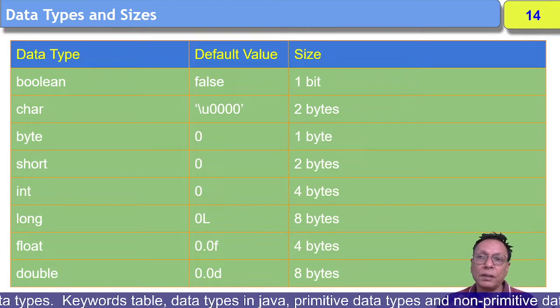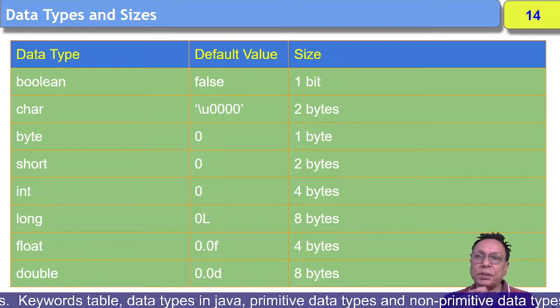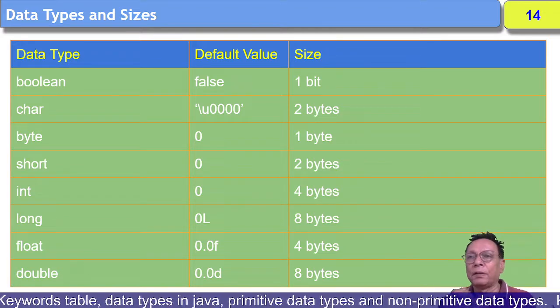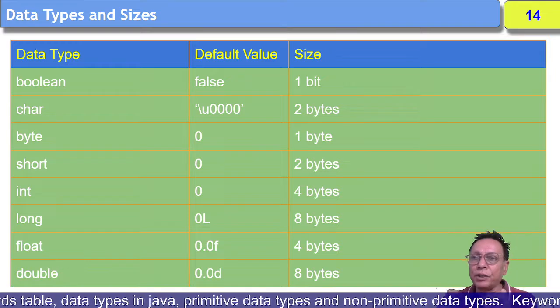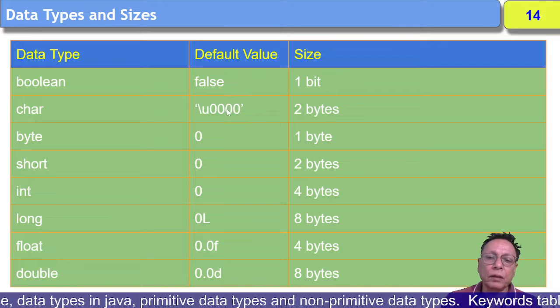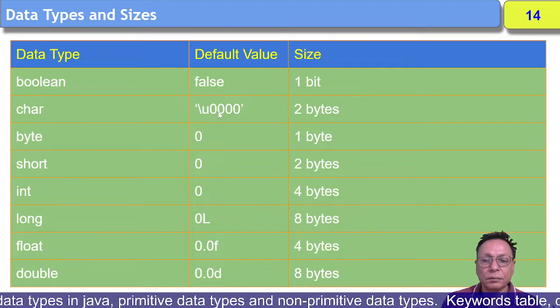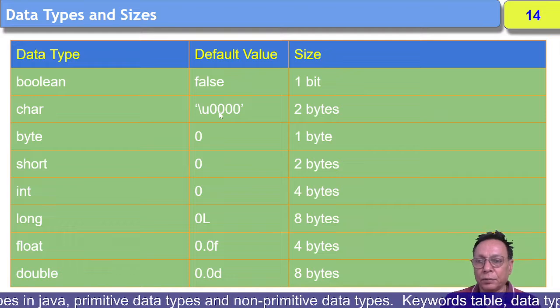They are Unicodes, and these Unicodes are defined as \u and followed by 4 digits, and it should be in codes. So over here, this is the default value, but there could be another code also.